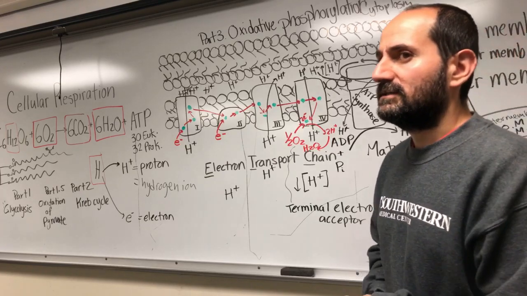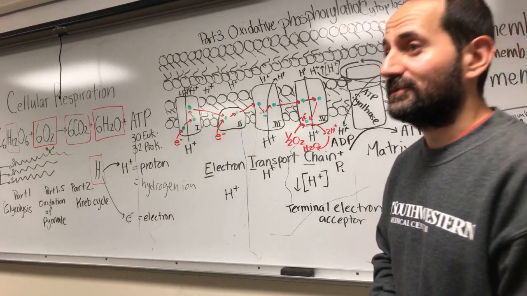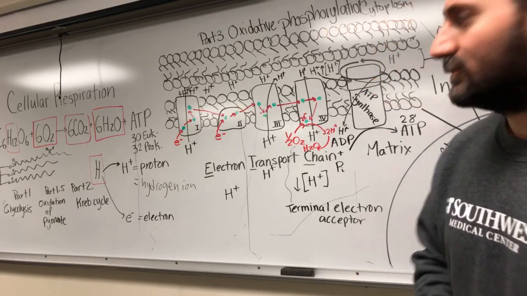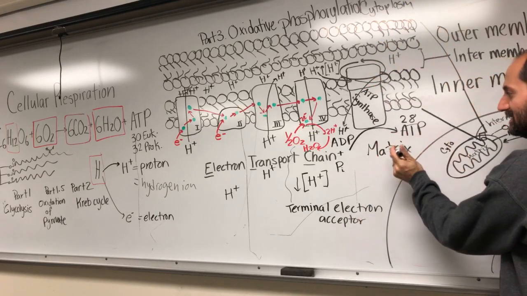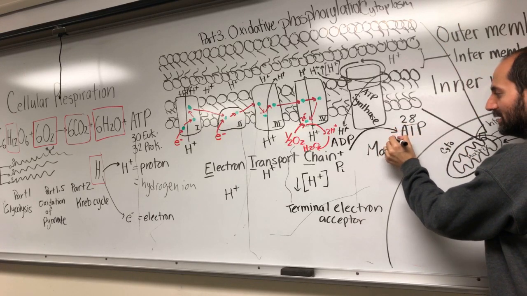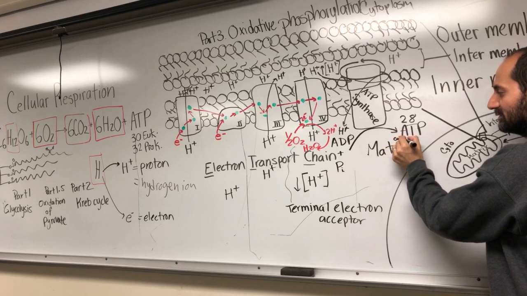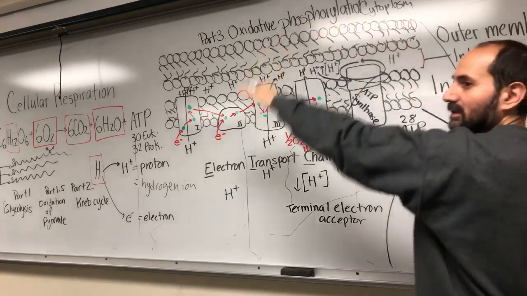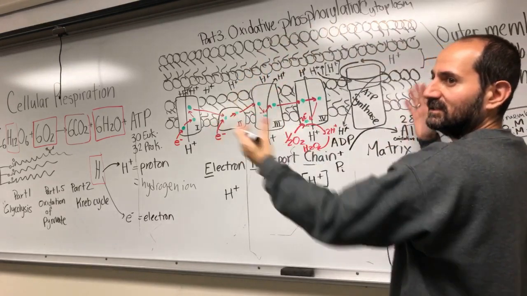And the one I explained just now was part 3, oxidative phosphorylation. That's also the name of how you make these 28 ATP. These 28 ATP you made, you made by oxidative phosphorylation, which means you make these ATP by this process of oxidative phosphorylation.